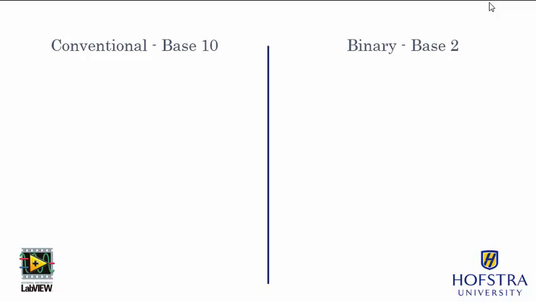If I have a 4-digit number in the base 10 number system, the first column all the way on the right is the ones column. The second column is the tens column, the 100th column, and then finally the thousandths column.